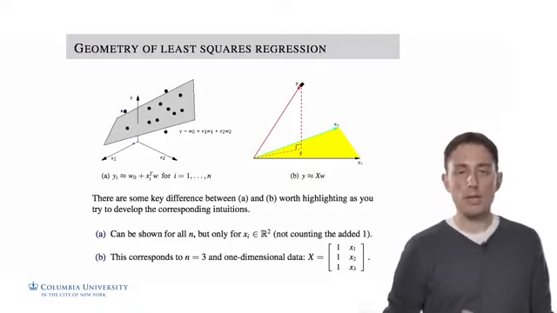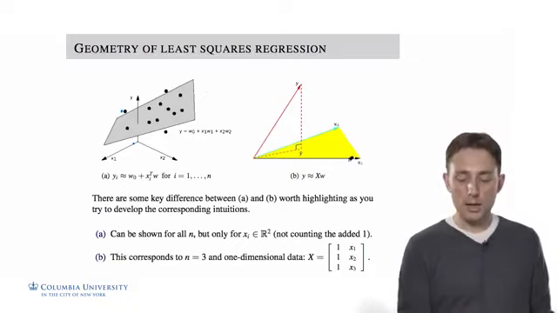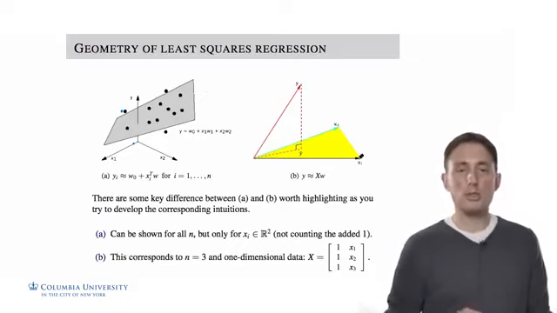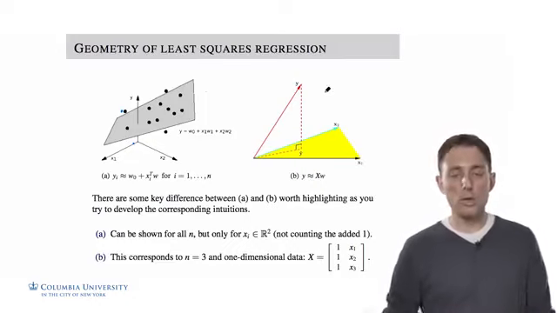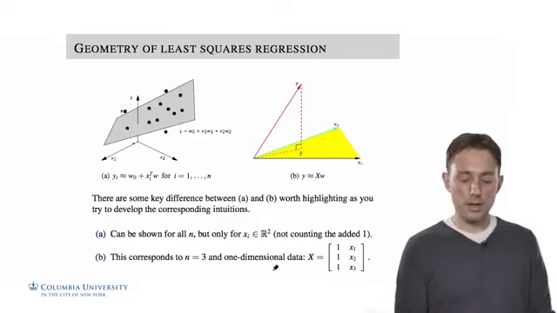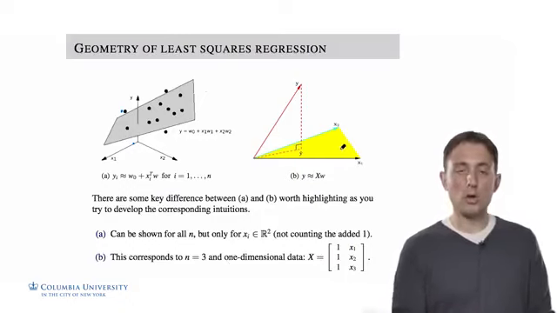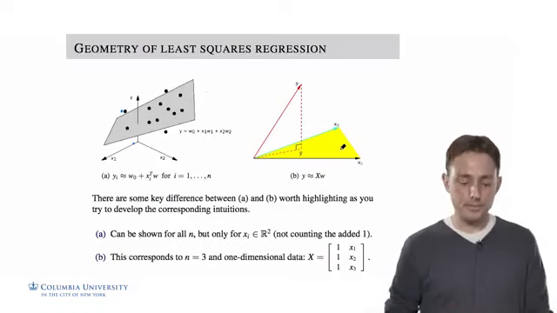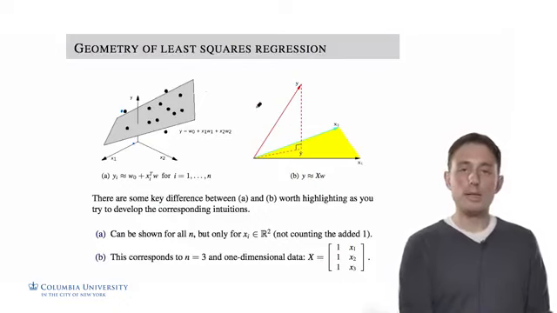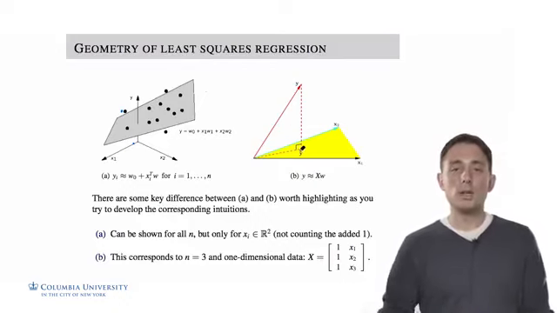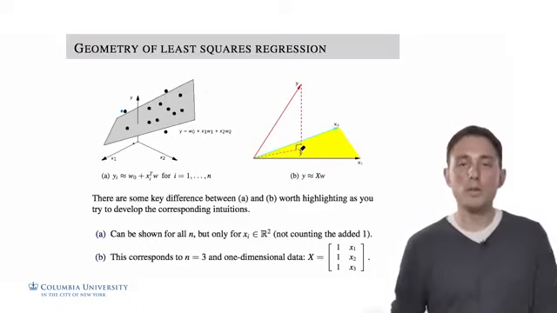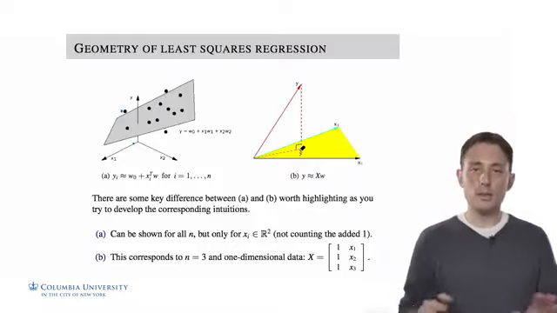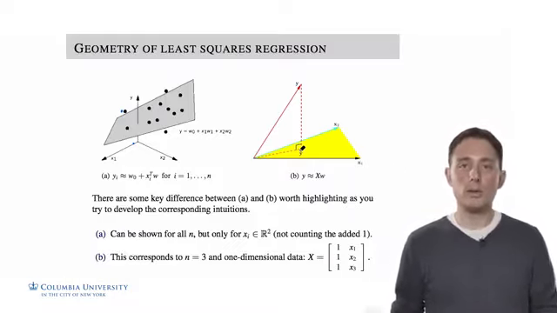Here we stack all of the outputs together, and then we represent each dimension separately for all of the points. And so in something like this, we can only show 3 points and one-dimensional data if we want to also represent the DC offset. So these are two ways that we can visually represent them. They're fundamentally different. Each has its own intuitions that help you think about the problem, and both are very useful, but they should be kind of separated in your mind when you think about these problems.